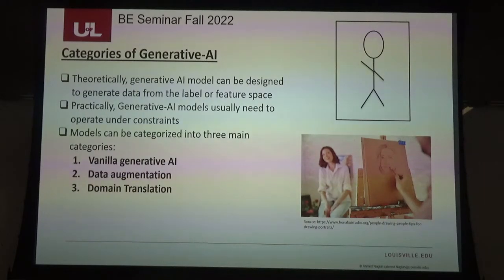So that's why we'll explore two subsets, two categories of generative AI: data augmentation and domain translation. In both categories, we have some constraints that we impose on the system, or a reference that we provide to the system, in order to achieve the desired outputs.